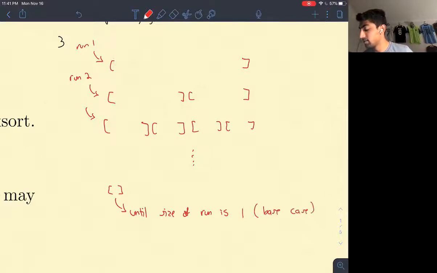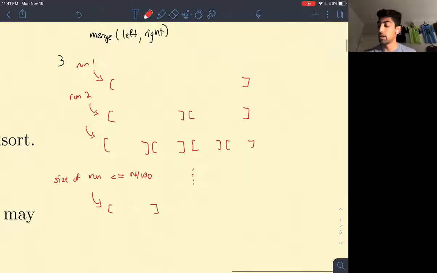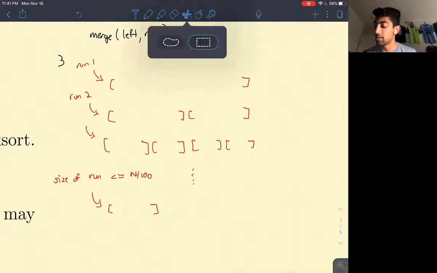For this question, it's not exactly a base case; the point where we stop recursing is when the size of the run is less than or equal to n over 100. That's just a quick explanation of what the question is asking us to begin with.